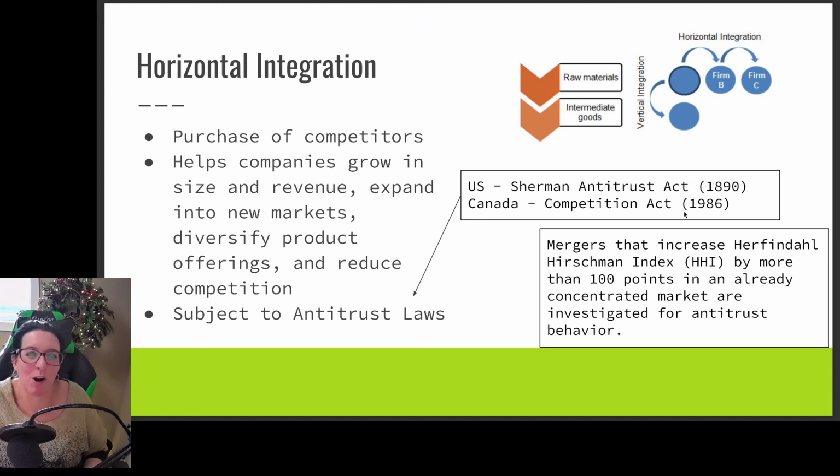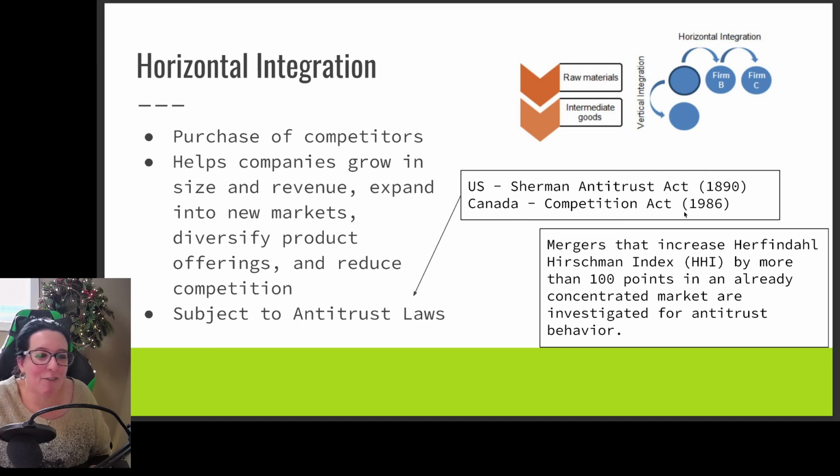At the time we're making this video, we are seeing Rogers and Shaw try to do horizontal integration. That is, they want to merge. This helps the companies grow in size, bring in more revenue. This can help in terms of expanding into new markets. So if Shaw is in an area that Rogers is not, then that allows Rogers to move into those markets.